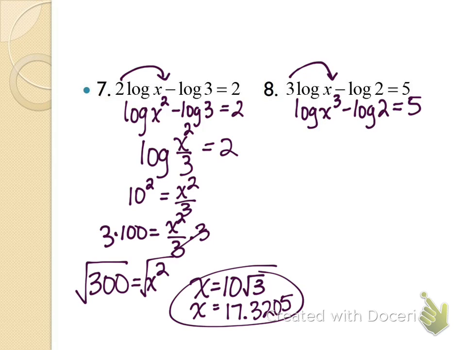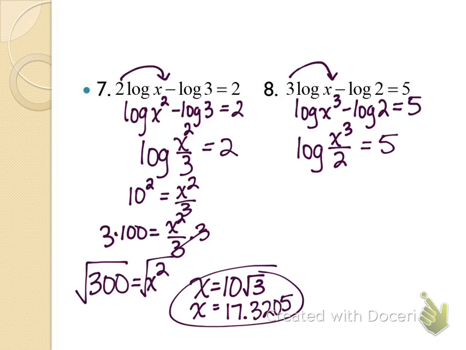Now, I want to condense my subtraction of my 2 logs. Somebody other than Charles tell me what operation can condense them. Ajaya. Division. So we would have log of x cubed divided by 2, condensed down using division, still set equal to 5.